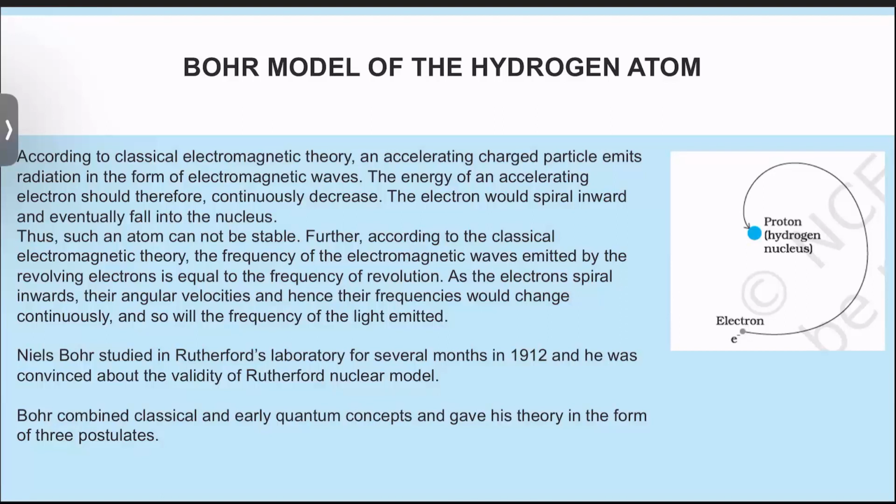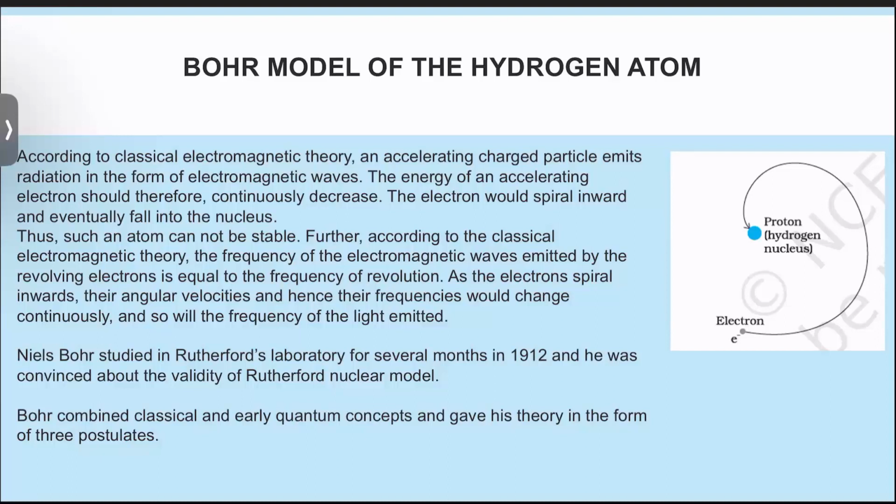Now we know that according to classical electromagnetic theory, an accelerating charged particle can emit radiation in the form of electromagnetic waves. Suppose we are considering an electron, which is negatively charged.